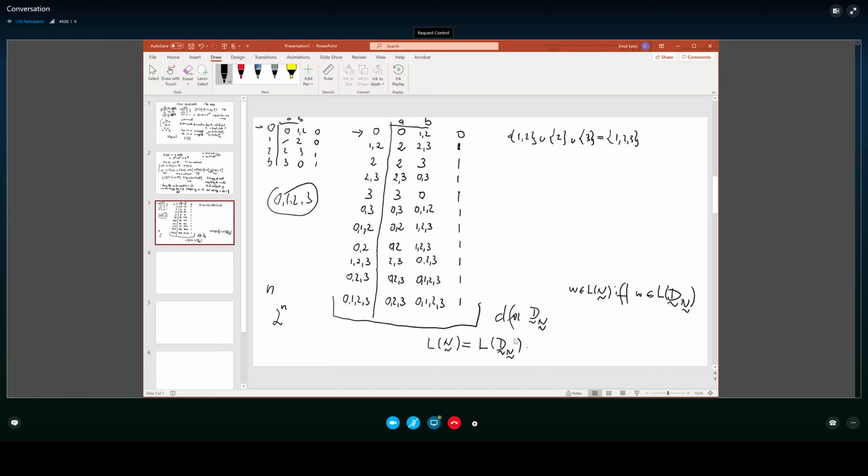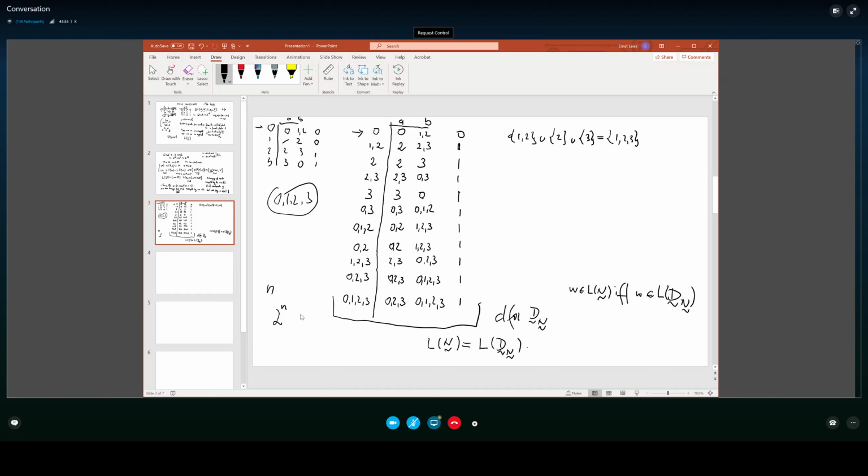The corresponding derived deterministic finite automaton may have many more states than the original non-deterministic finite automaton. And in fact, as I said, if you have in general a non-deterministic finite automaton with n states, your corresponding deterministic finite automaton may have as many as 2 to the n states.